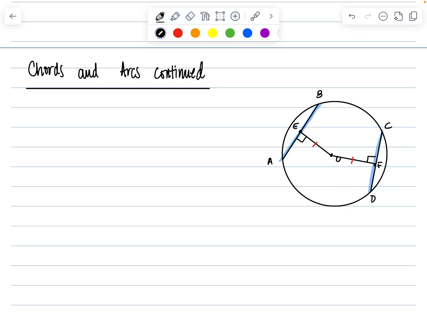So this is our theorem. Equidistant chords from center. All right.